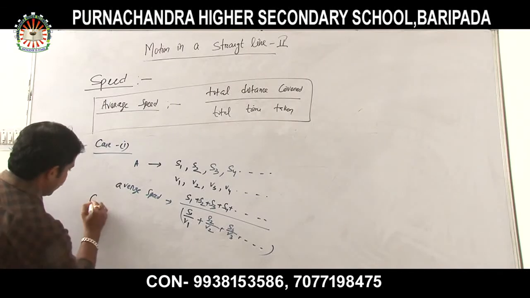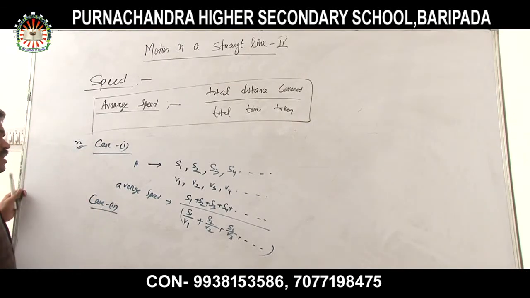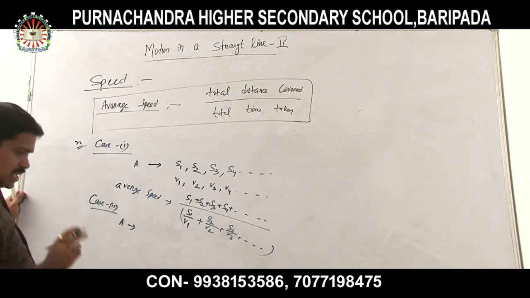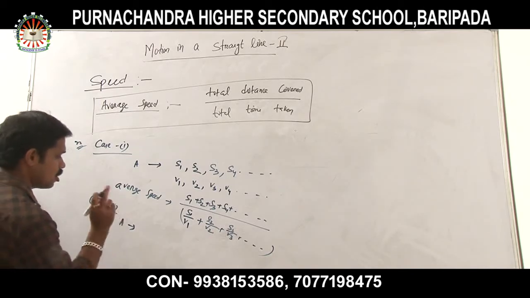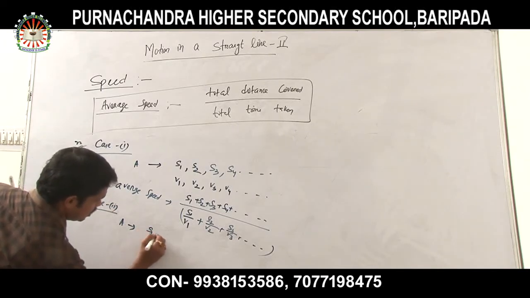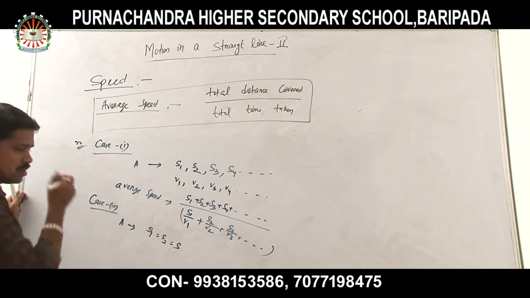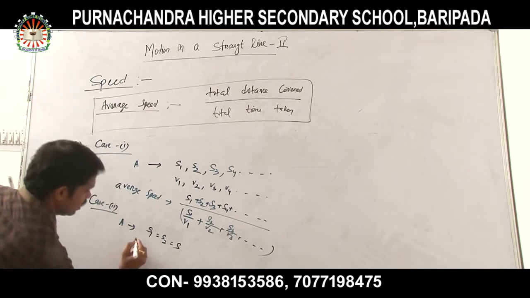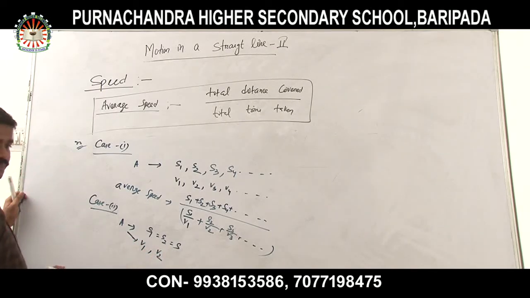Then come to case 2. Here I will take the same object A, but the condition is that the object covers equal distance. That means suppose S1 is equal to S2 is equal to S, but the velocity becomes different, V1 and V2.